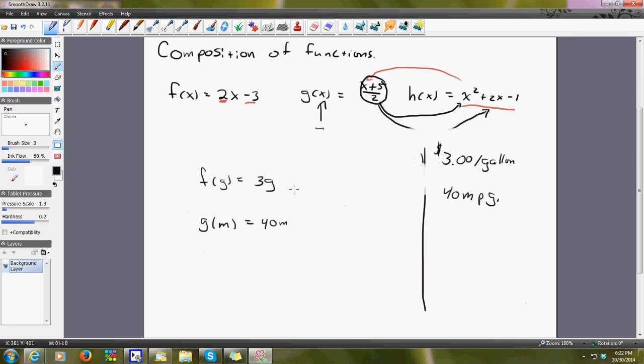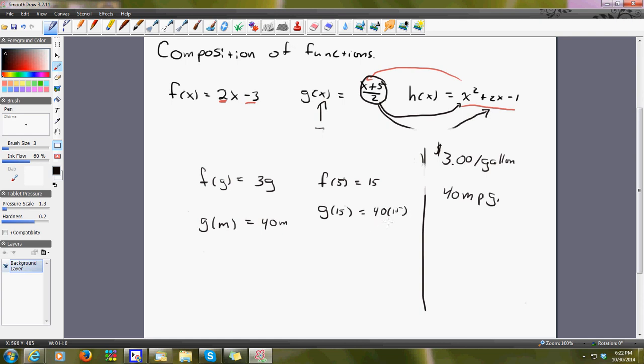And so the way this works is if I put $5 into my gas tank, I'm going to have f of 5, which would equal 15. That means I have 15 gallons. And the miles would be g of 15 equals 40 times 15.